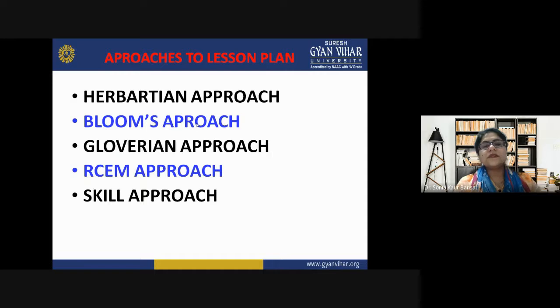Now, let's understand the approaches to lesson plan. There are basically five approaches we follow in English teaching. First, the Herbartian approach, secondly Bloom's approach, then the Globarian approach, fourth the RCEM approach, and fifth the skill approach. Students, just understand that these approaches are very importantly used in English teaching.